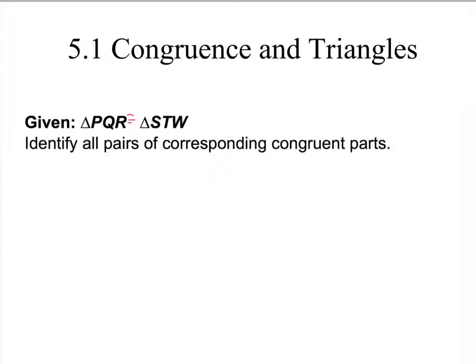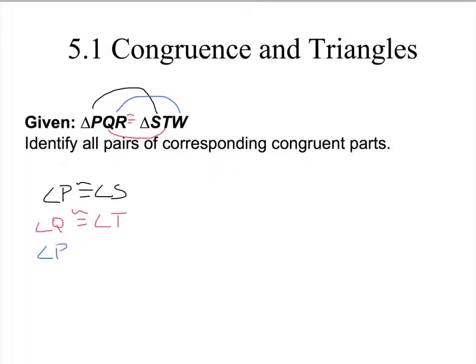So I can tell you angle P is going to be congruent to angle S because they are in the same position. Same thing with Q and T. Angle Q will be congruent to angle T. Last but not least, angle R is congruent to angle W because they are in the same corresponding spot in the congruent statement.